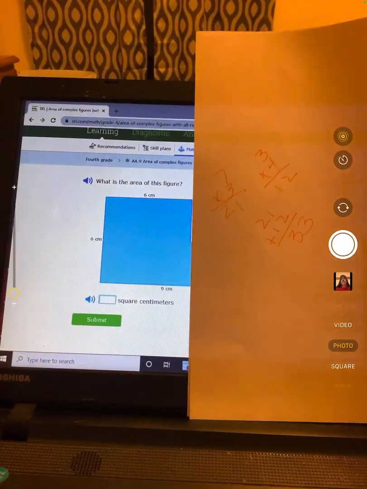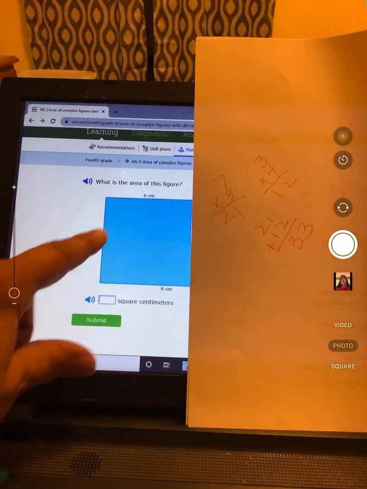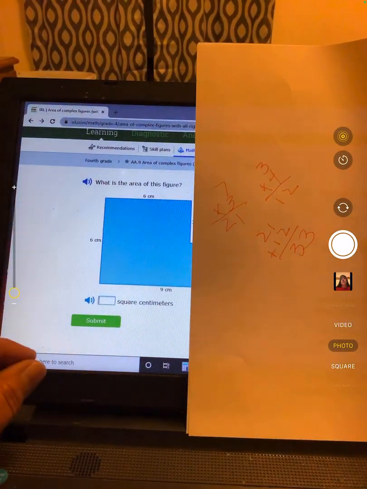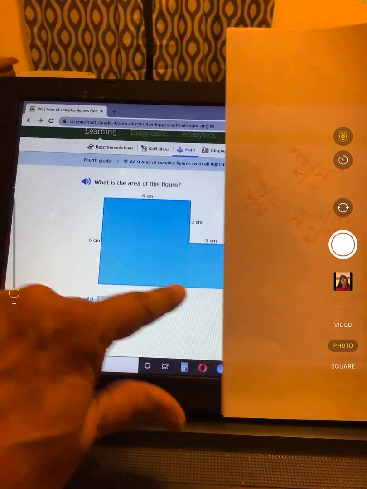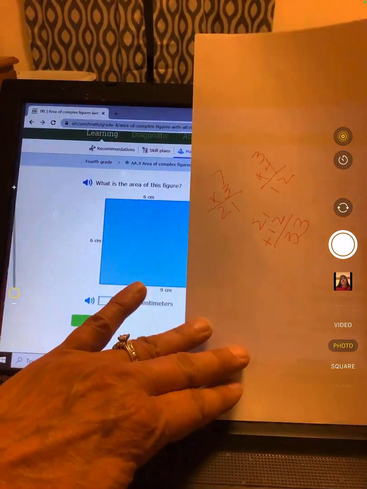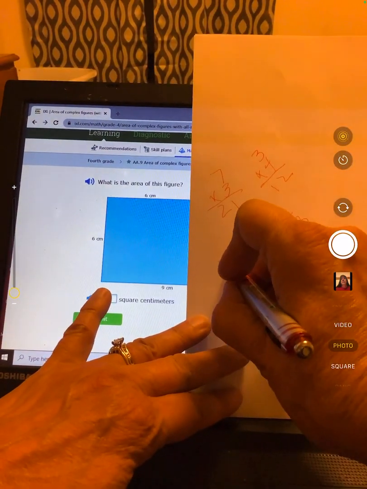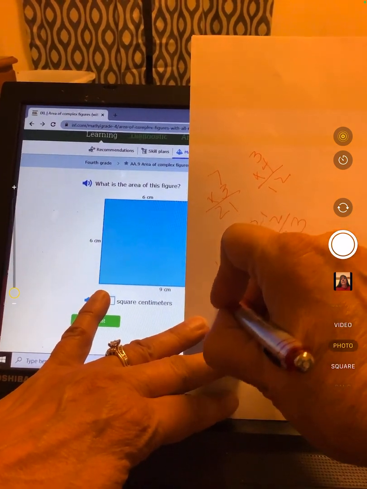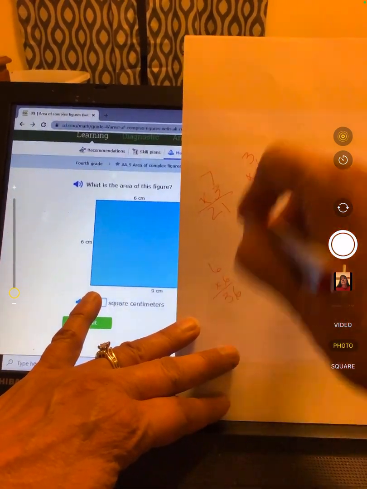Hold up the paper. Now I see a square that's 6 by 6. Remember, this 9 extends. So 6 by 6. 6 times 6 is 36.